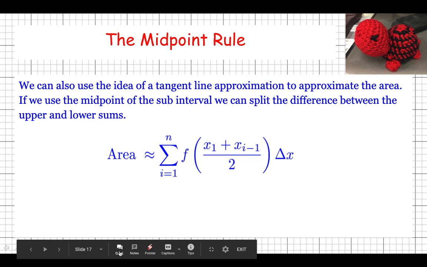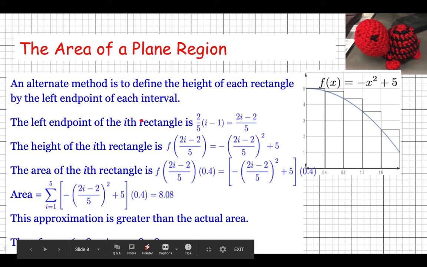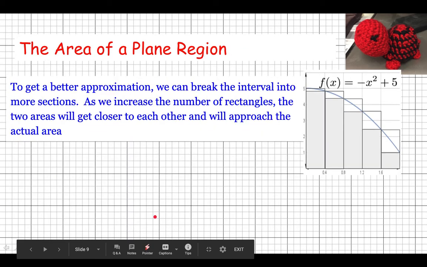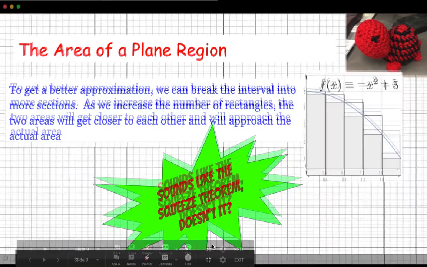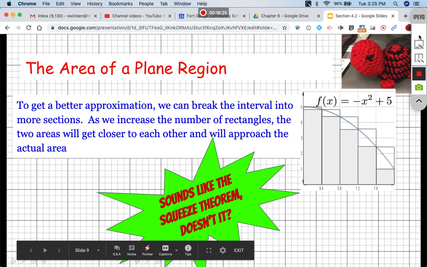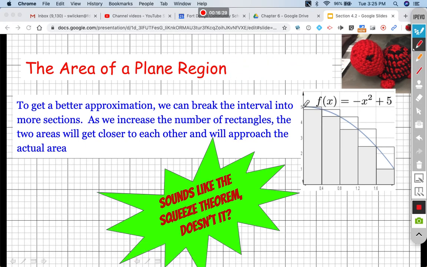So let's go back to, I think it's this one here. The idea of this is, if we just say, let's approximate each of these with a straight line segment and go halfway between and make our rectangles there.